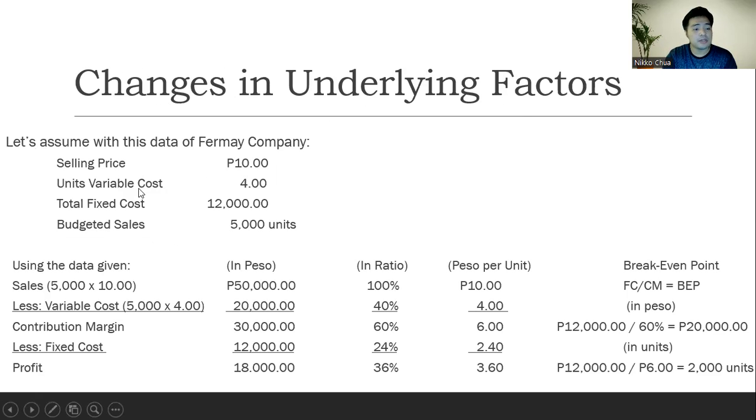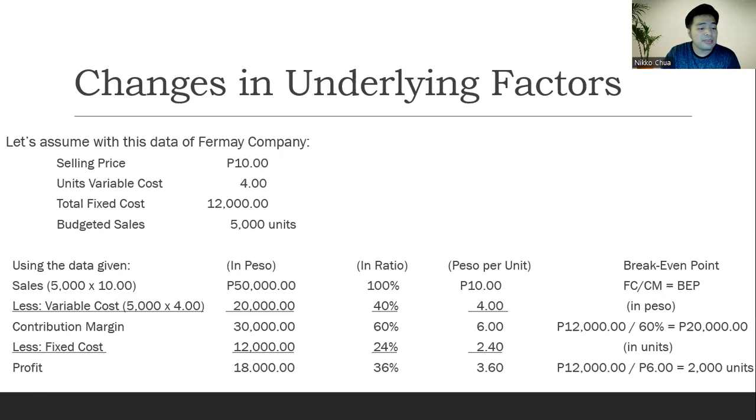Selling price of 10 peso, unit variable cost of 4 peso, total fixed cost of 12,000 peso, and budgeted sales of 5,000 units. Using this data, we will use this formula: sales less the variable cost is equal to contribution margin, less the fixed cost, is equal to profit.